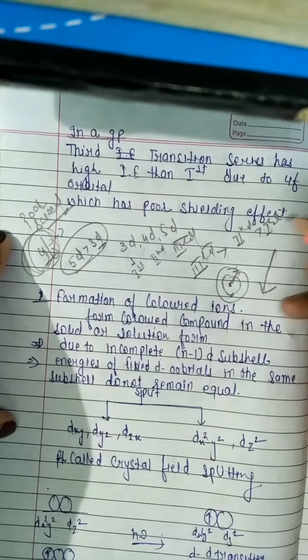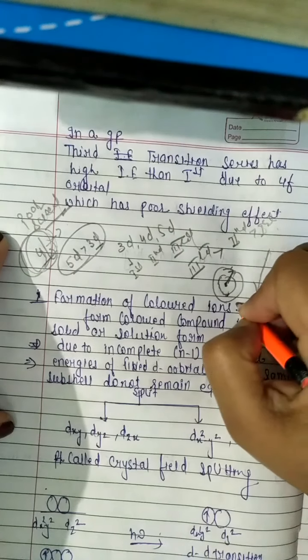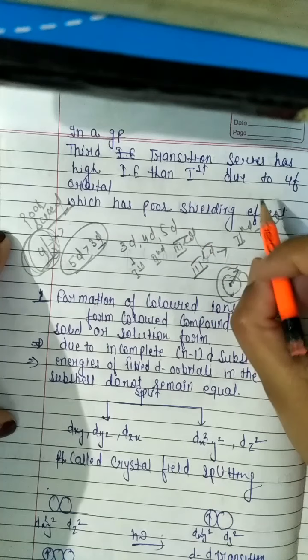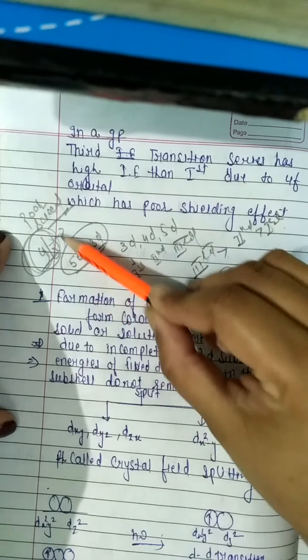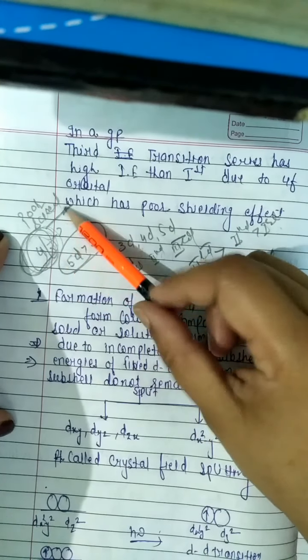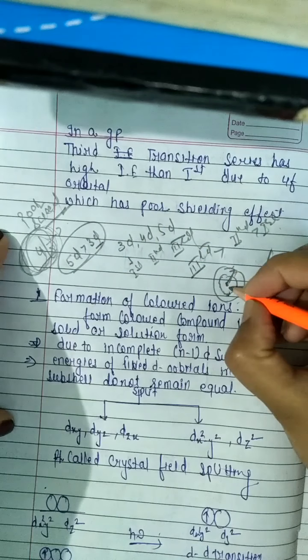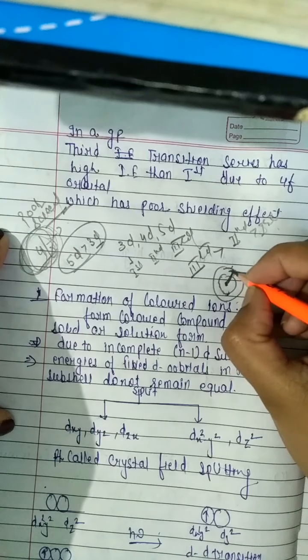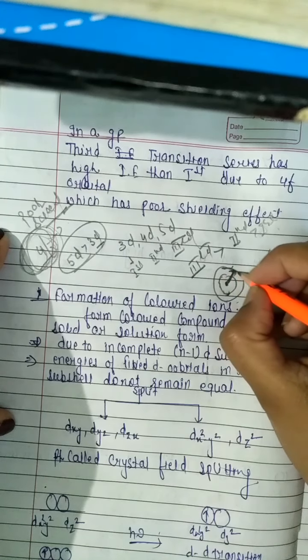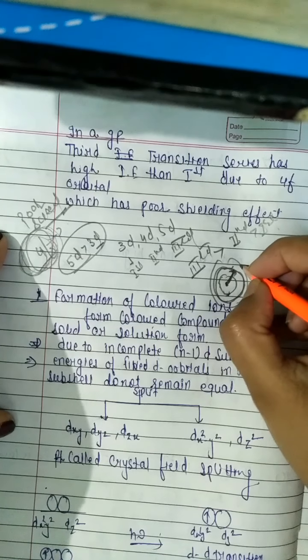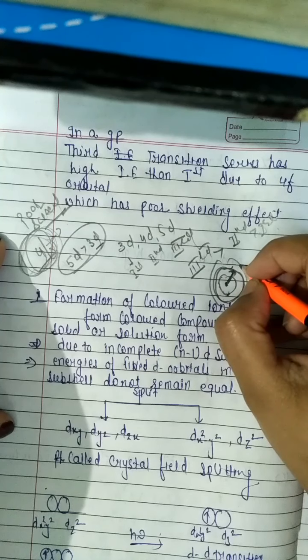So that's why ionization enthalpy increases. Clear? That is due to the 4f orbital, which has a poor screening, shielding effect. So that's why the effective nuclear charge is more towards the outermost shell, the attraction increases, and ionization enthalpy also increases.